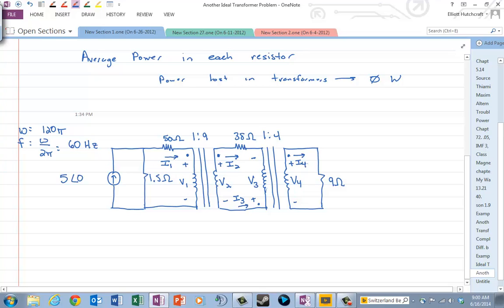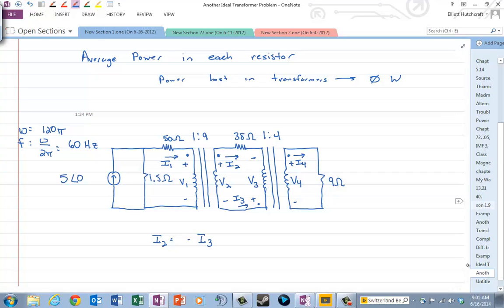Now notice, I should be able to see straight away that I2 goes clockwise around that loop and I3 goes counterclockwise, so I2 is minus I3. That's not really a big deal here, but I think it's better to go ahead and do it this way so that you don't mess up the signs for anything.